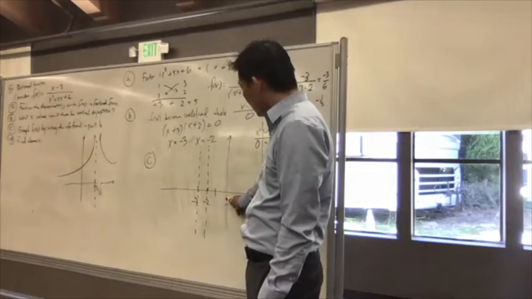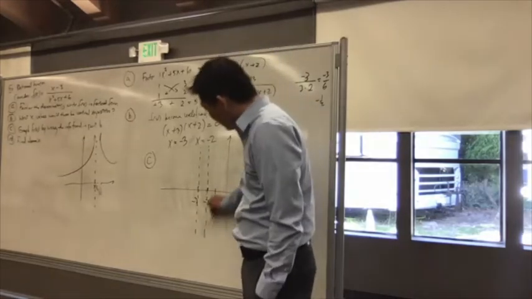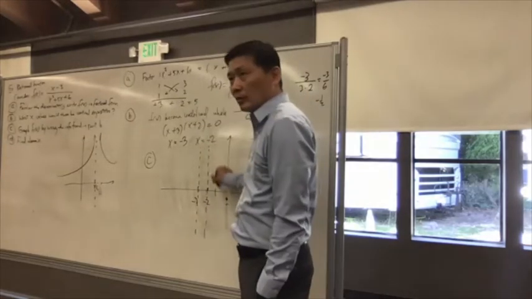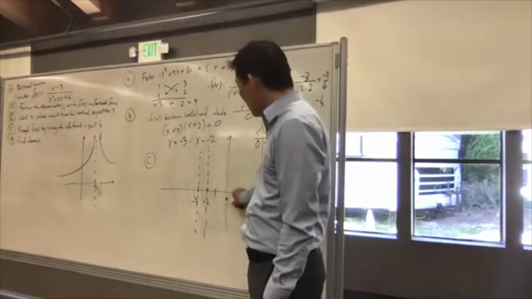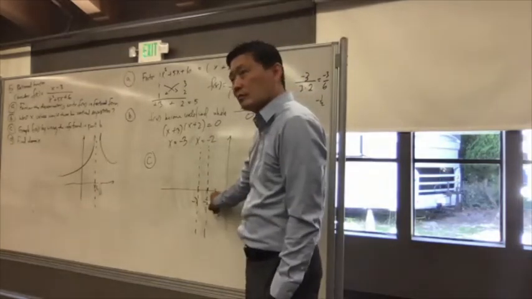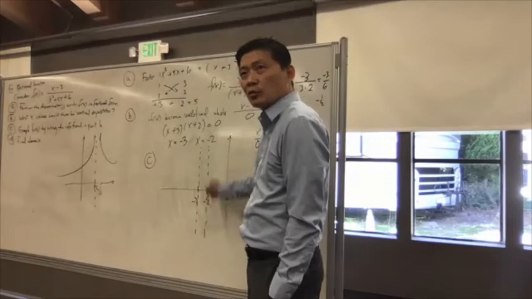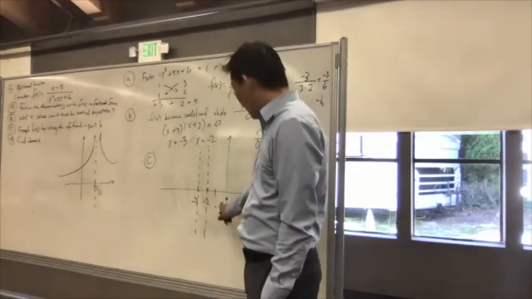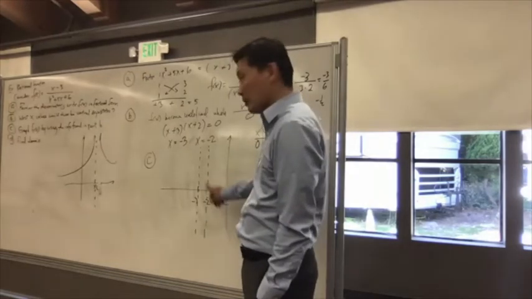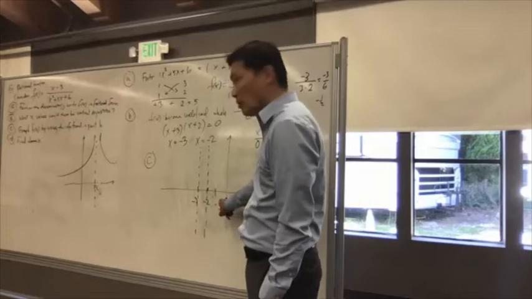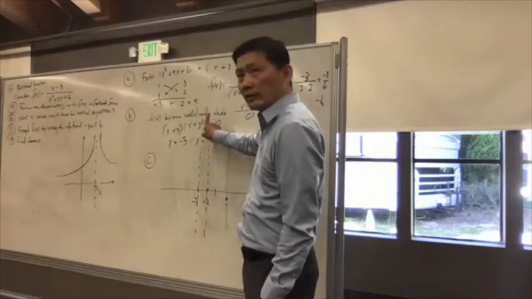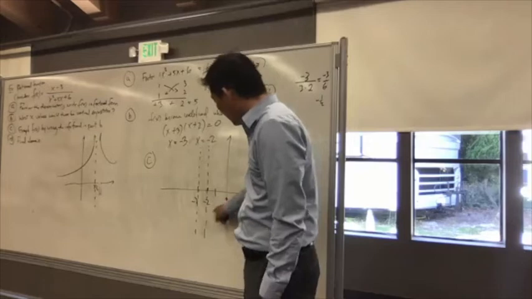So my graph is going to go through this point, but it can go down this way or up this way. One way to figure it out is to pick a number on that side and see which direction it goes. If it's a little higher than negative 1/2, I know it's going to go up. If it's below negative 1/2, it's going to go down.